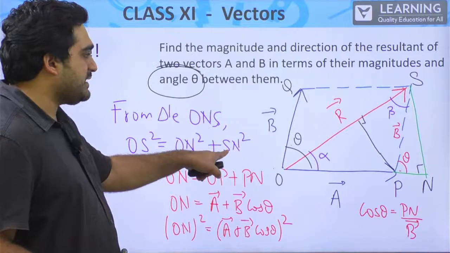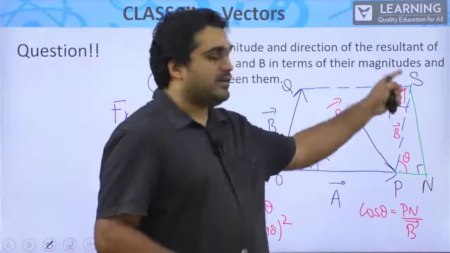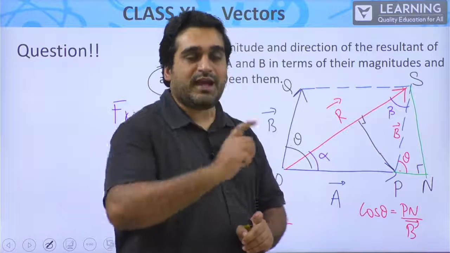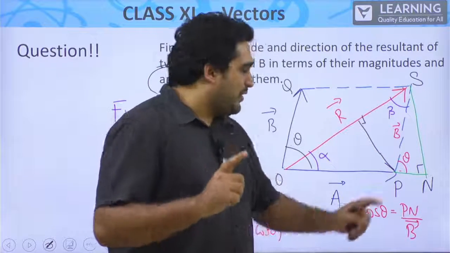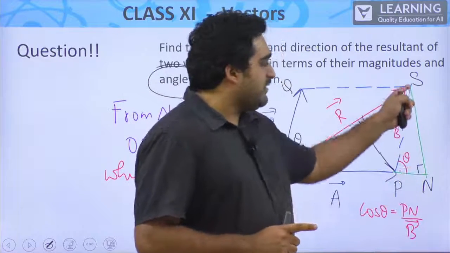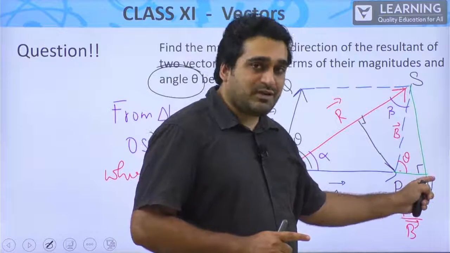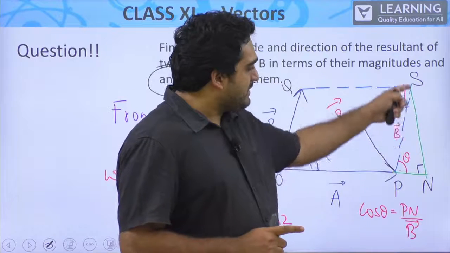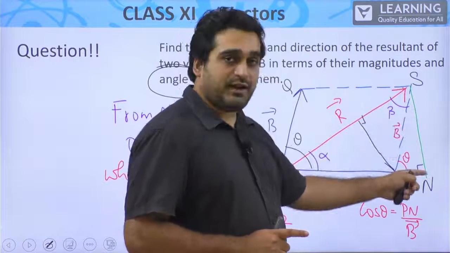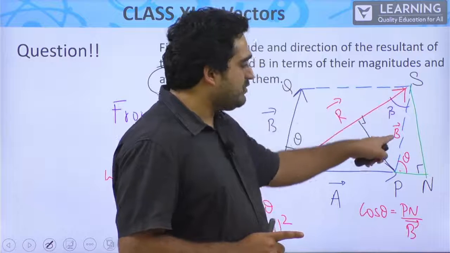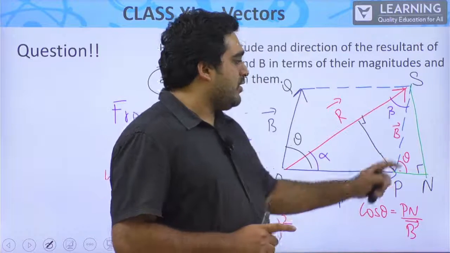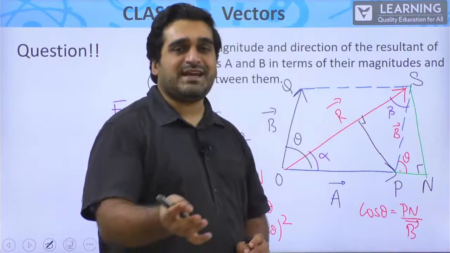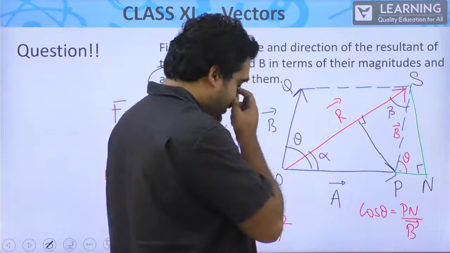Do we know what is SN square? Arey yaar, SN is not given, but not to worry, we can identify SN. Once again, SN represents the opposite side of a triangle because the angle is located here. Since it represents the opposite side, you also have the hypotenuse, which is B vector. Opposite by hypotenuse. What trigonometry ratio? Sine theta. So where do I write?